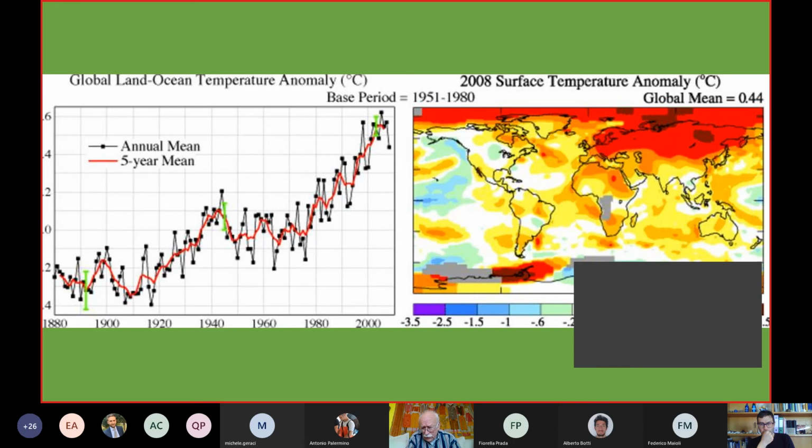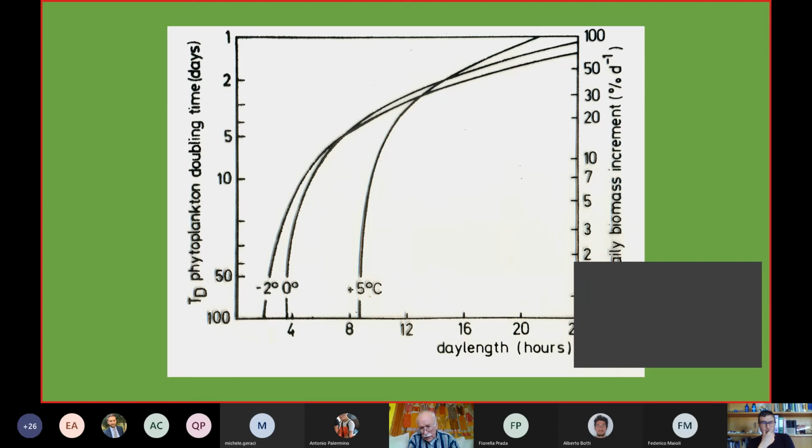The warming of the oceans is also a very important factor because, as I explained before, it increases dramatically the respiration losses in any algal culture. And here it only shows that as temperature goes lower, you can get a doubling of the algal population in much, much less time.